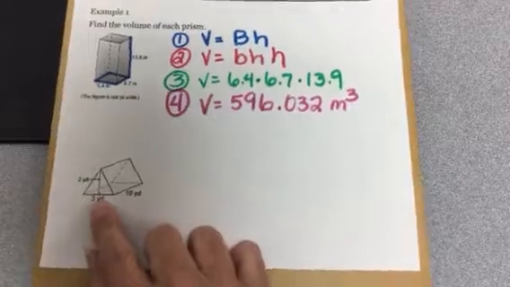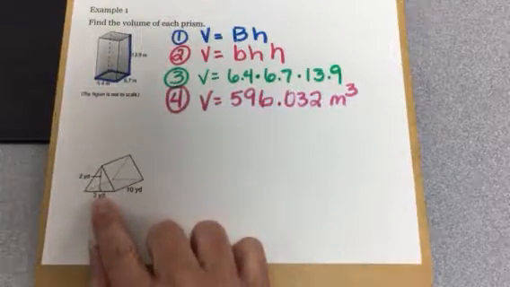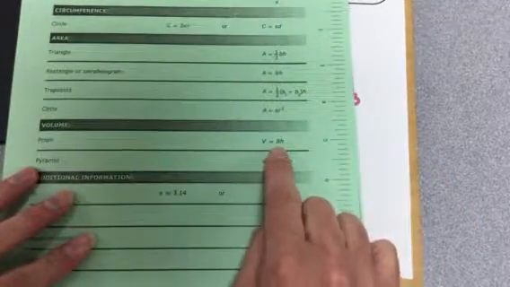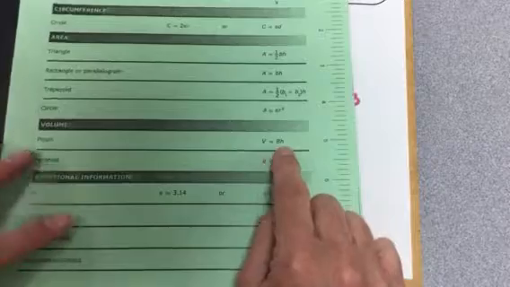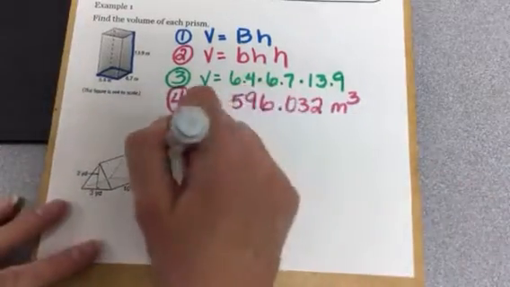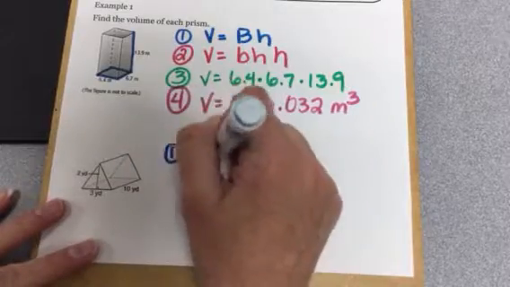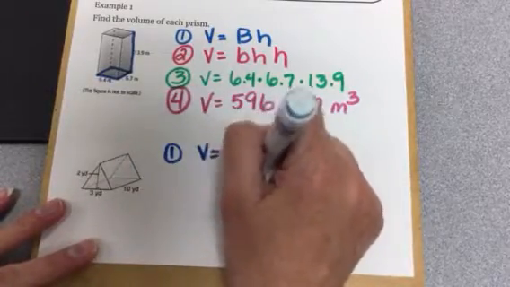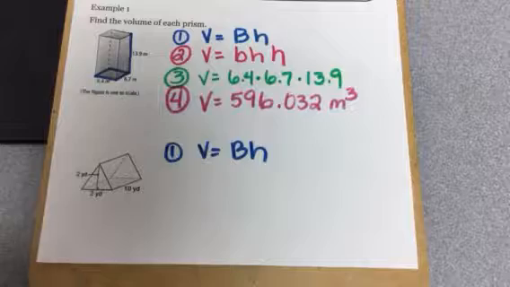So our shape is going to be a triangular prism. So I go here, volume. Volume is equal to big B, which is area of the base, times the height. So step 1, I write down my formula. Step 1, volume is equal to area of the base times the height.